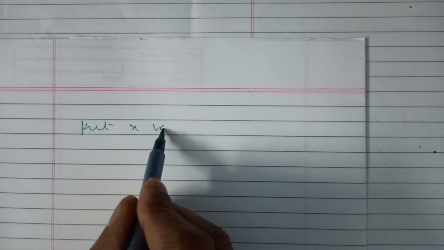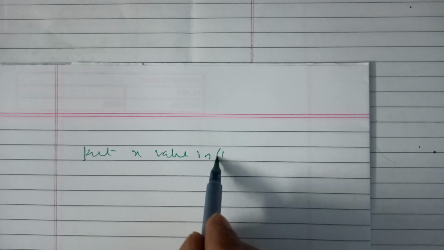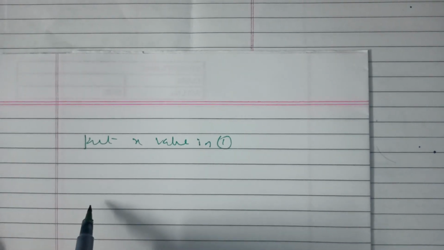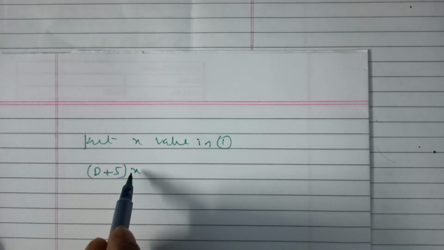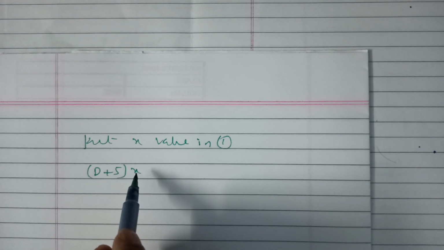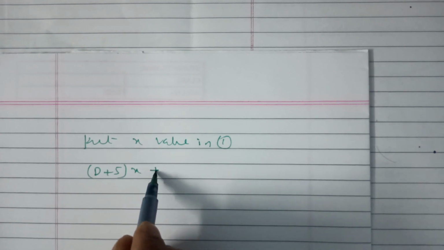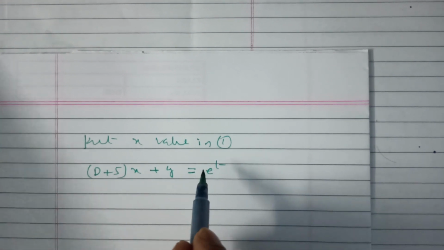Put x value in 1. So that one equation, d plus 5 into x plus y is equal to e power t.